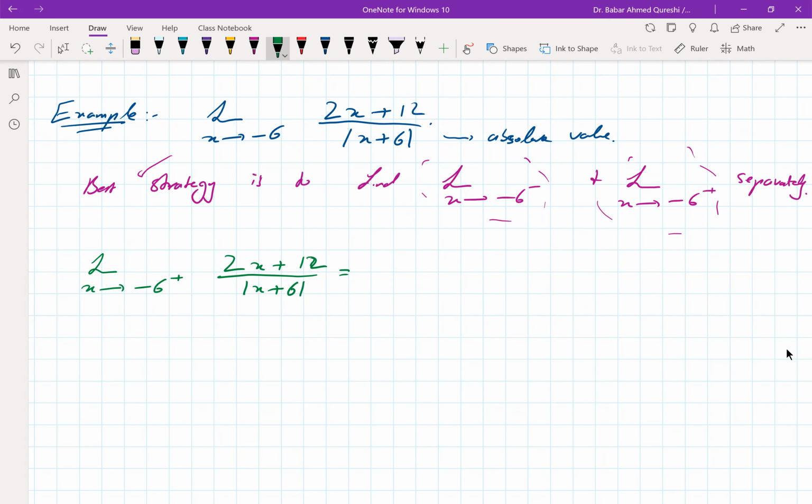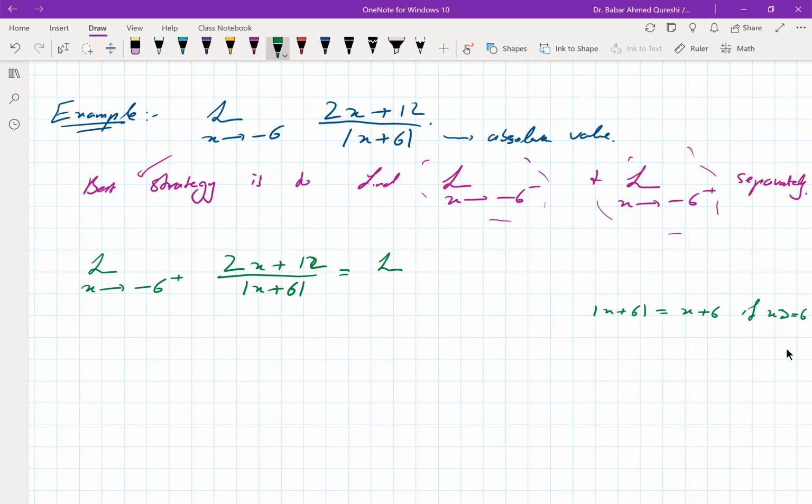So this, since my x value which I'm putting is bigger than -6, x plus 6 is equal to x plus 6 if x is bigger than -6.